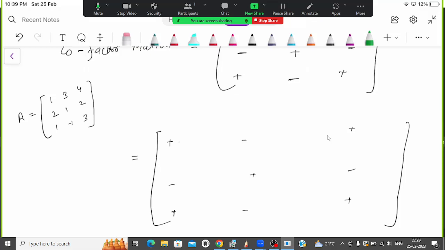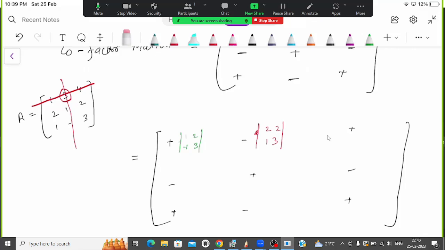You are here. Okay, so you hide this row, this column, right? Remaining elements: this is 1 2, minus 1 3. Now you are here, you hide this row, this column, and the remaining elements are 2 2, 1 3.